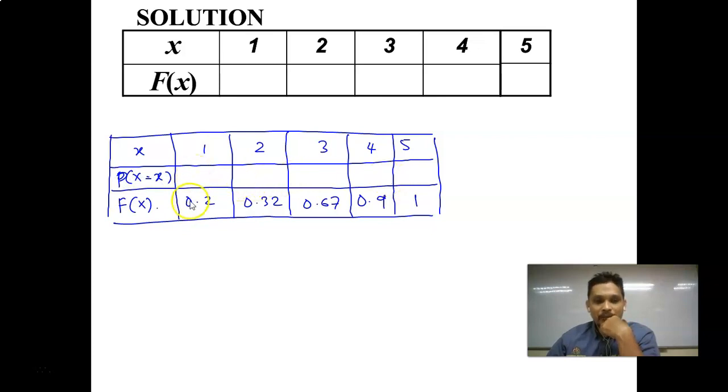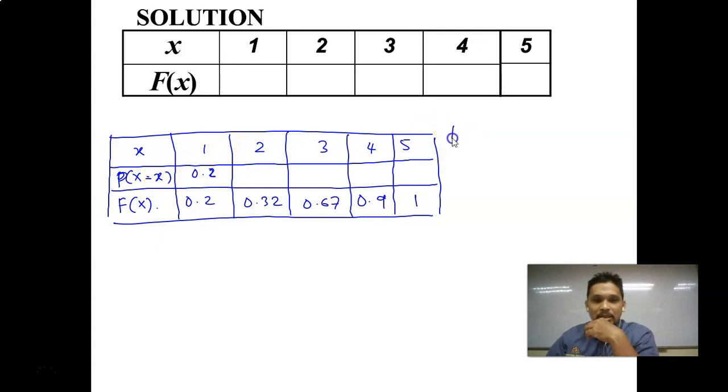So first one, of course, it is 0.2. So the cumulative distribution function of F at x equal to 1 is the probability of x equal to 1 here, 0.2. And what about the probability of x equal to 2?